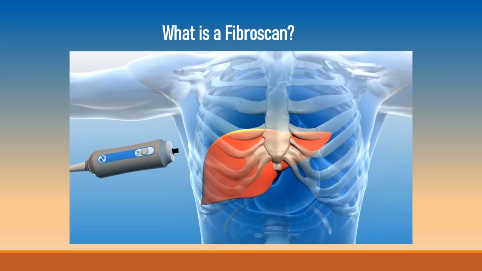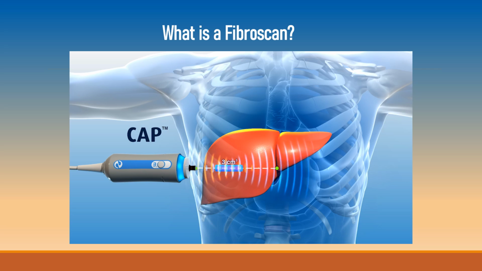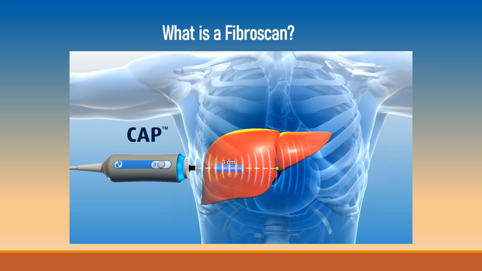In addition to liver stiffness, Fibroscan simultaneously calculates ultrasound attenuation rate within the explored 3 cubic centimeter volume. This assessment, known as Controlled Attenuation Parameter, or CAP, is associated with the extent of fat present in the liver tissue. Ultrasound pulses are generated from the Fibroscan probe.